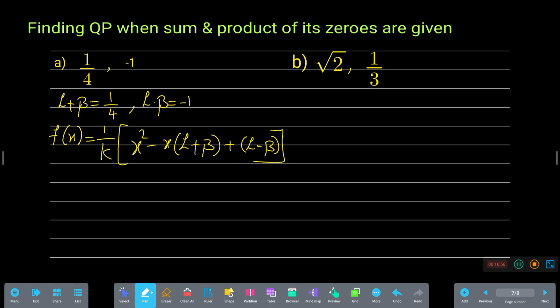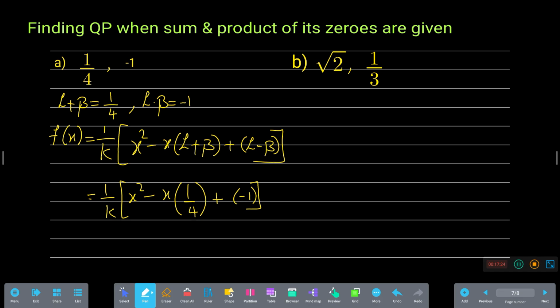This is the formula. 1 by k into x square minus x into sum of zeros plus product of zeros. So we just have to substitute these values, that's all. 1 by k into x square minus x into alpha plus beta, which is 1 by 4, plus alpha into beta, which is minus 1.